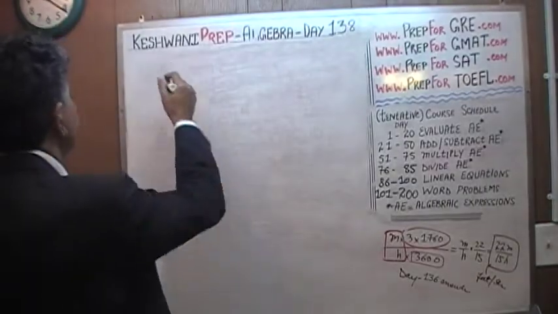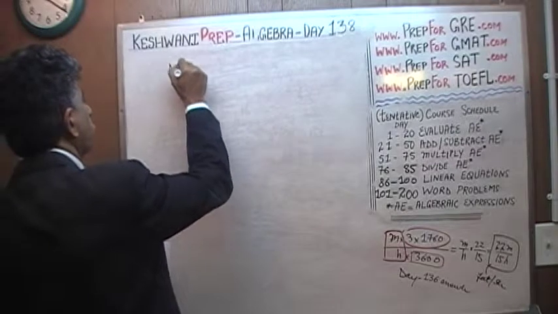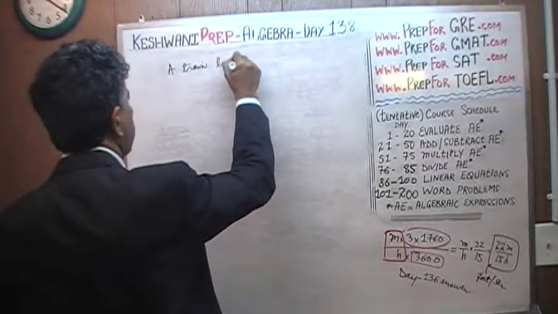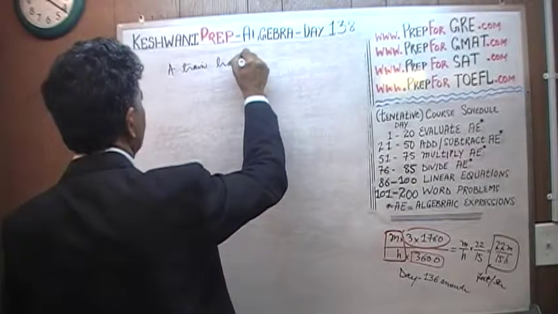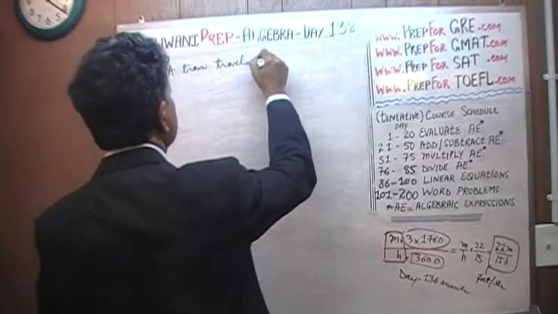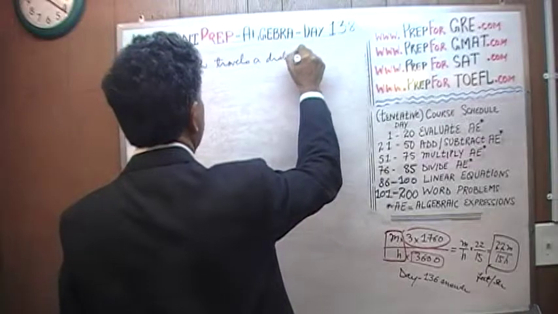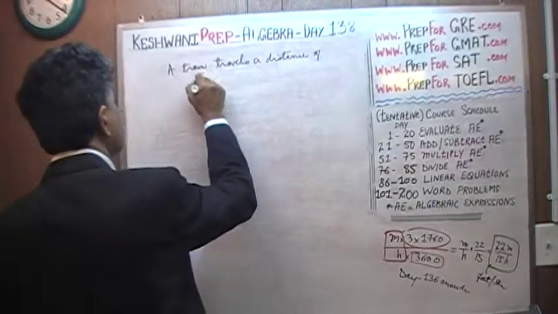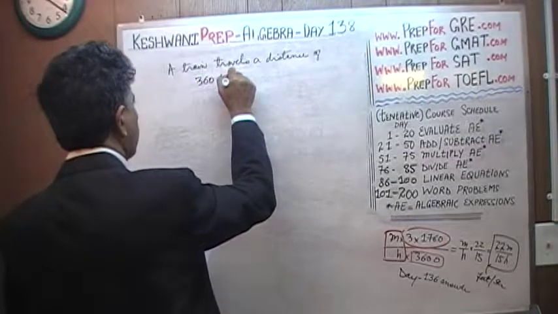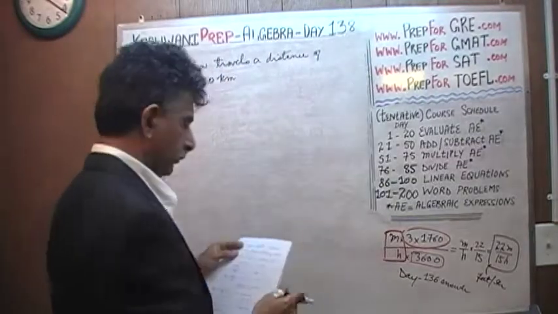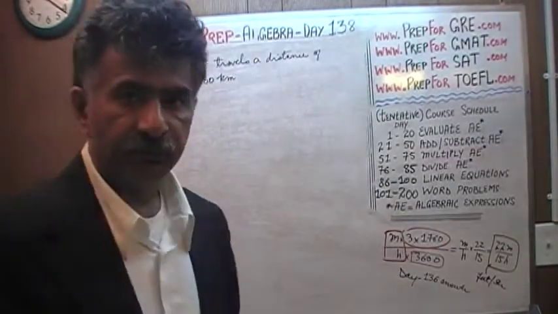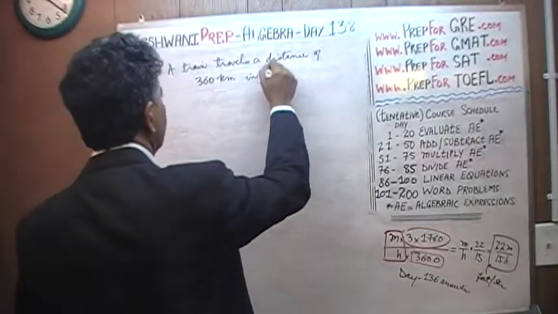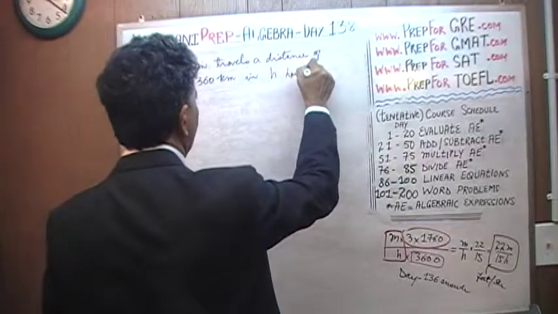A train travels a distance of 360 kilometers in h hours.